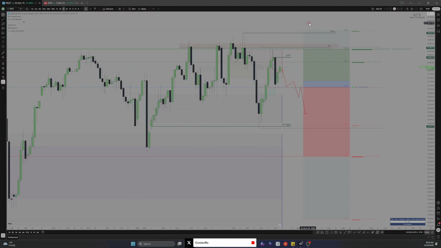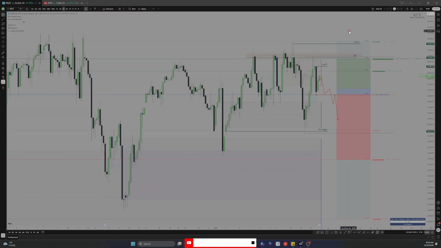Trading what I see on the chart, I'm leaning bullish on the day, at least on the London session.